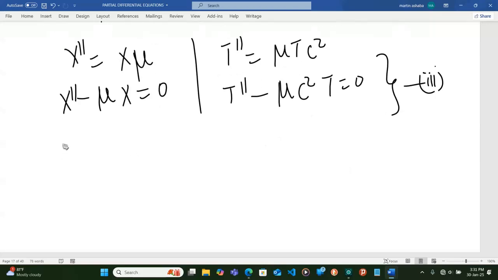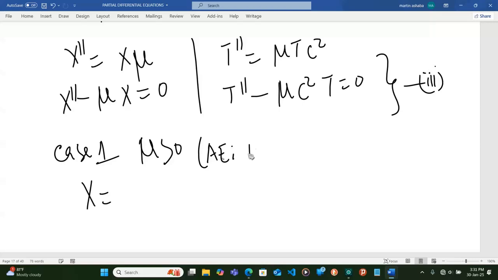So what I'm going to do is to apply cases. So case 1, when nu is greater than 0. So when nu is greater than 0, this is what I'm going to have. My X is going to be, first of all, I will talk about the auxiliary equation, whereby I will have m squared minus nu.